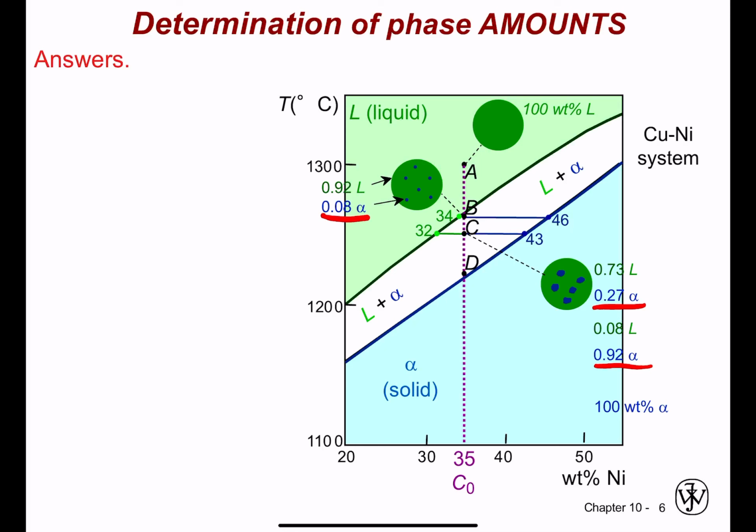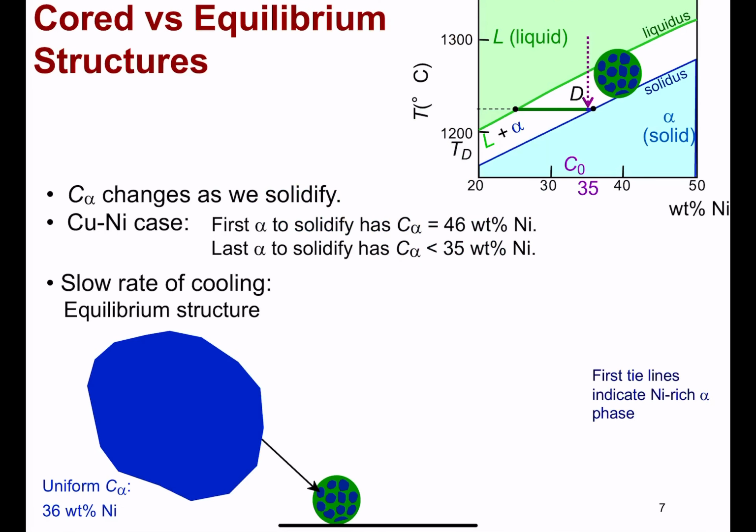Okay, so with that behind us as a bit of a refresher, let's consider some other options. So we saw and tracked what happens as we take a sample at about 35 weight percent nickel and cooled it to various points, and we observed changes in the microstructure for the two-phase system in the two-phase field shown here, where we have both liquid and alpha.